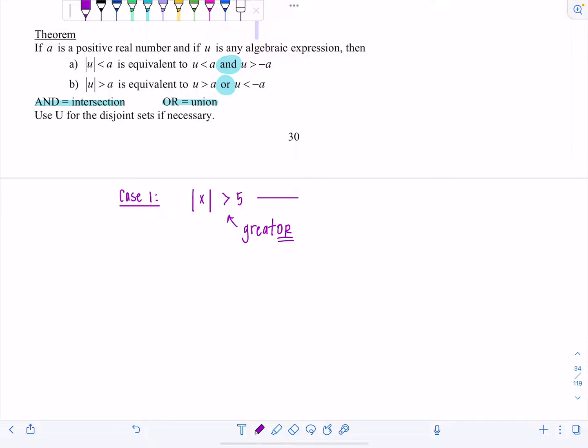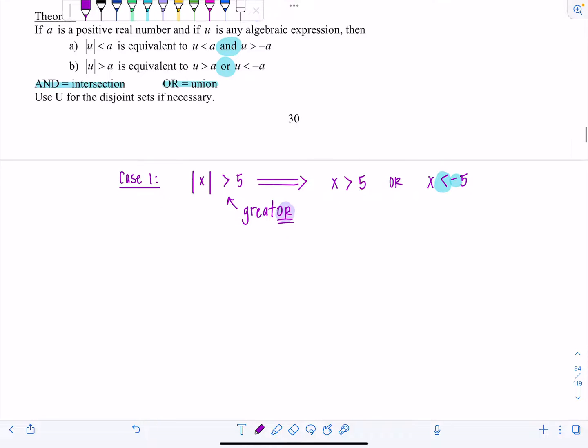The first inequality you write looks just like the original, x greater than 5. Then we're putting the word or because it's great-or. Good, good. See, you like that? It's cheesy, but you're gonna remember. Okay, look, this is the same as the original, or in the second one, you do two things. You flip the direction of the inequality, and then you make that number negative. Two things just happened. Did you catch it? Flip, switch. Okay, that's case 1.